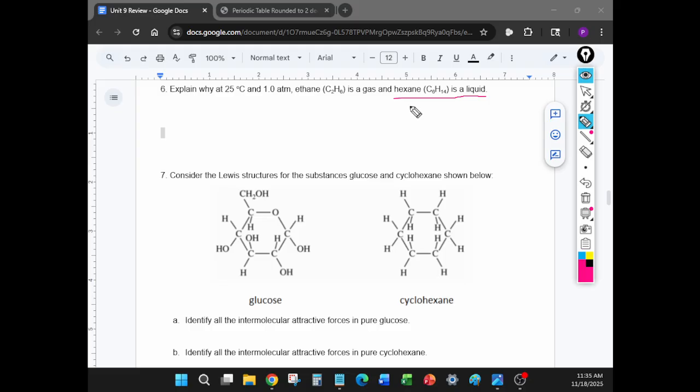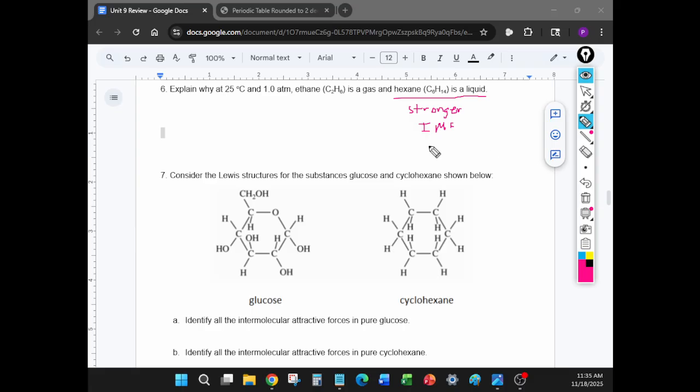This one has stronger intermolecular forces because it is a liquid at the same temperature and pressure. Everybody understand that? So what we need to do now is identify what these intermolecular forces are.